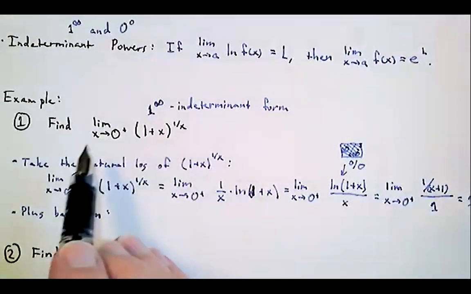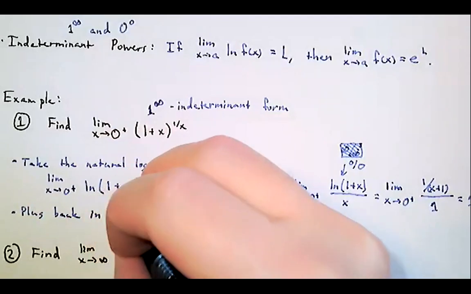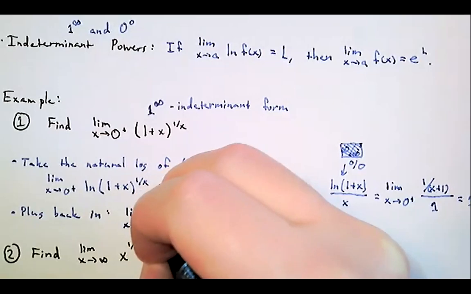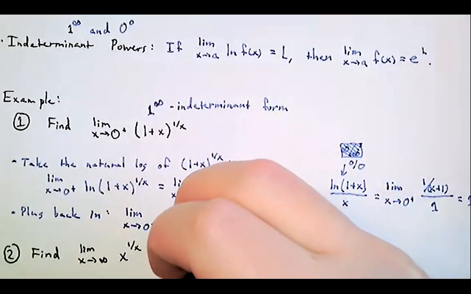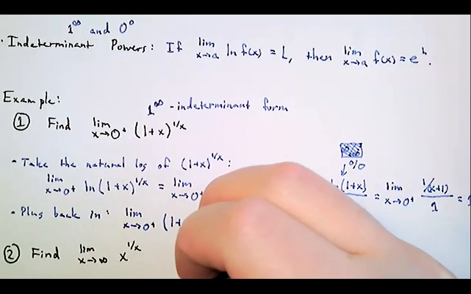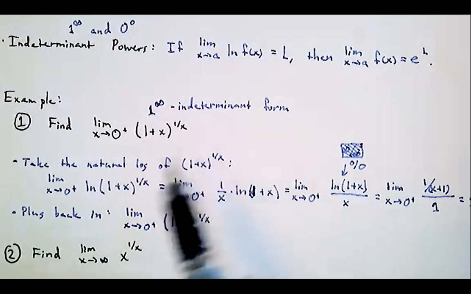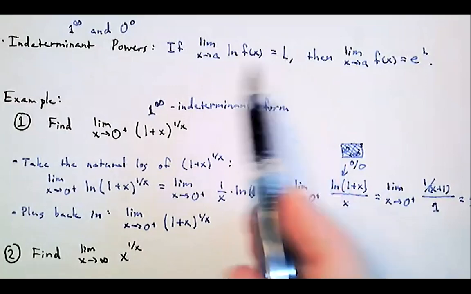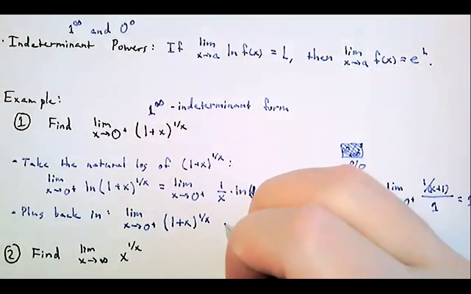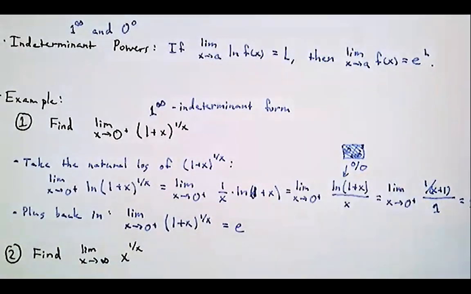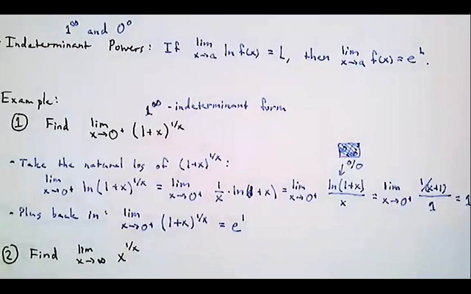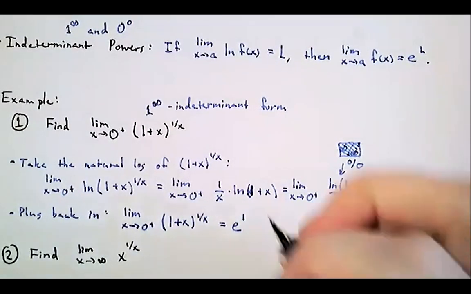So the limit as x goes to 0 from the right side of the original function (1 + x) to the 1 over x power, that's actually equal to e to the exponent of whatever limit we found here. So that's e, and then we're going to plug in 1 in the exponent. Okay, so that's just e.